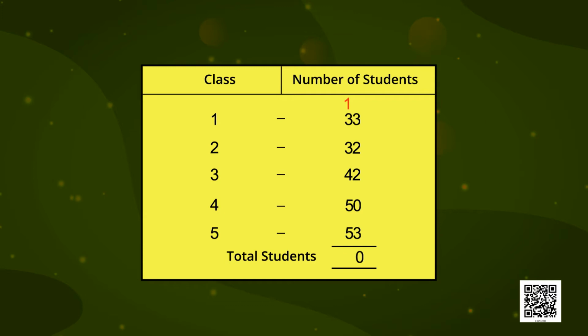Now let's add the tens place. 1 plus 3 is 4. 4 plus 3 is 7. 7 and 4 is 11. 11 and 5 is 16. And 16 and 5 is 21. So here we write 1 at the tens place and 2 at the hundreds place.